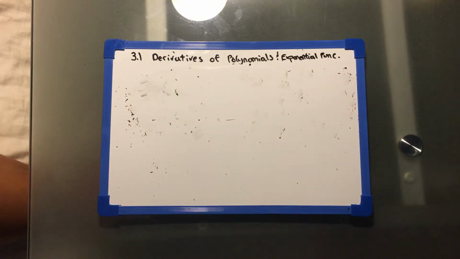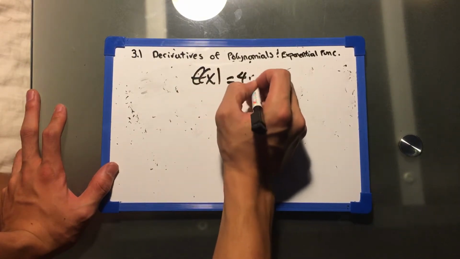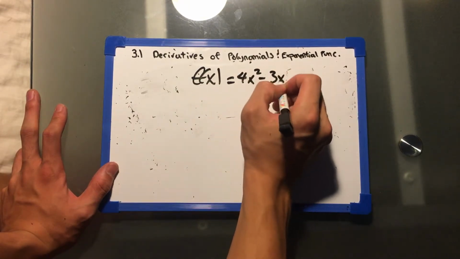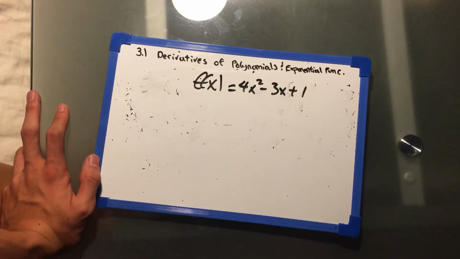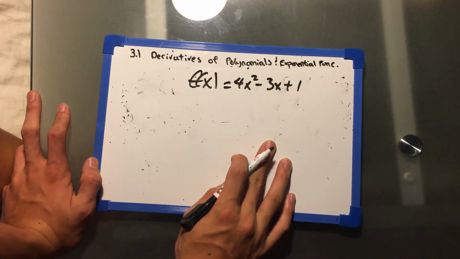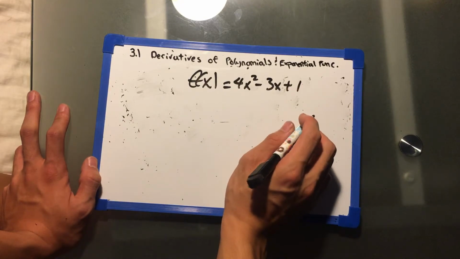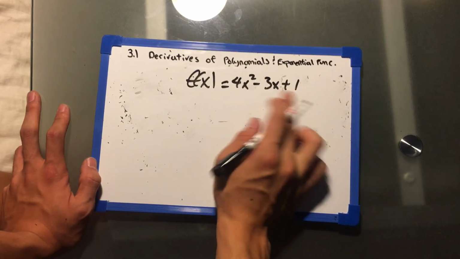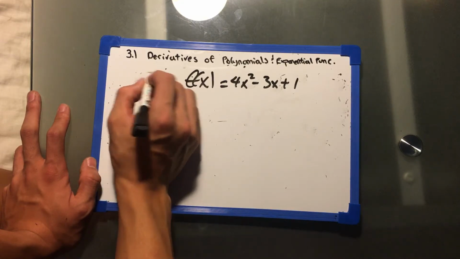Now, why would we find the derivatives of these? Well, let's just say you're given a function, right? And you want to find all the horizontal tangents, the values where there's a horizontal tangent, where basically the slope is 0.